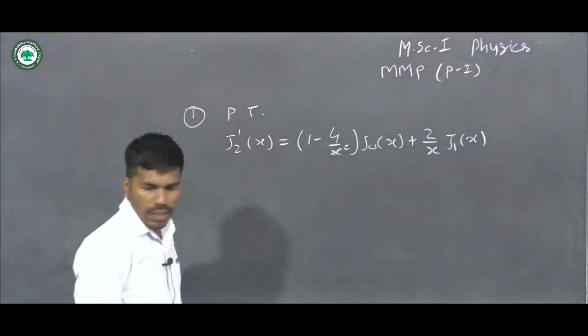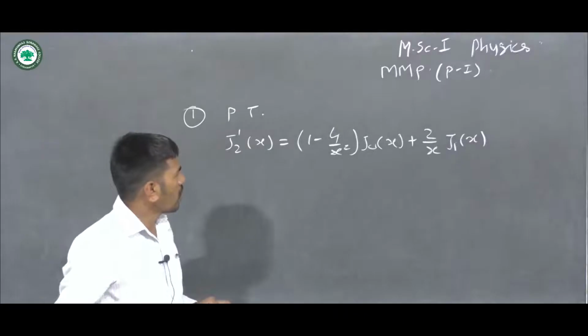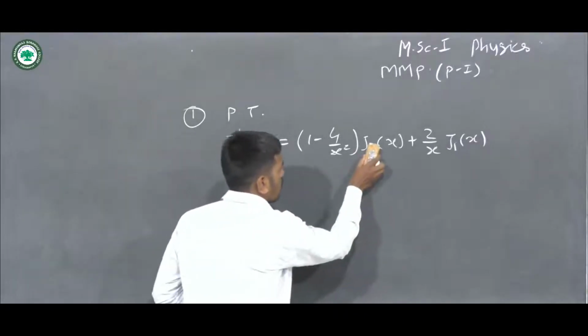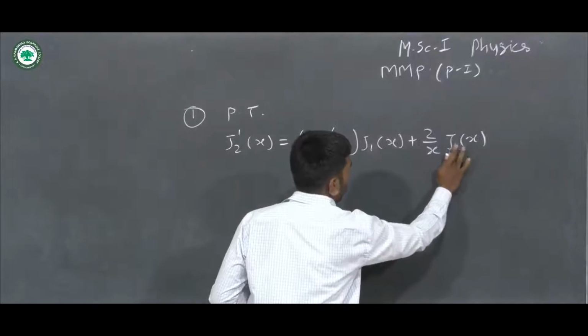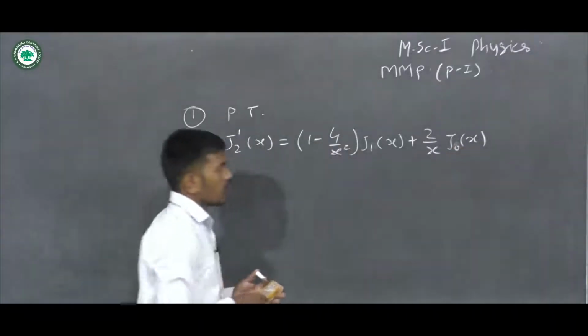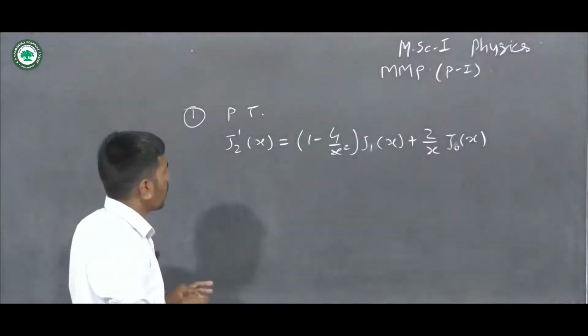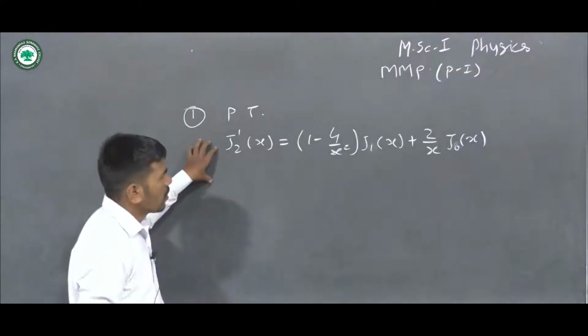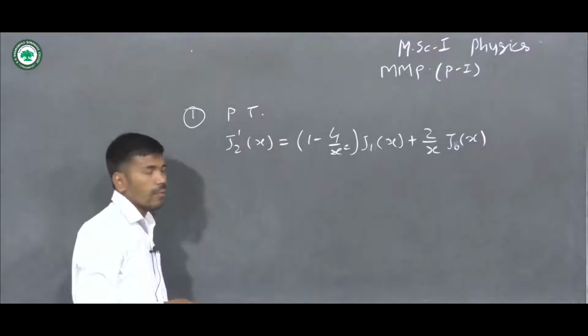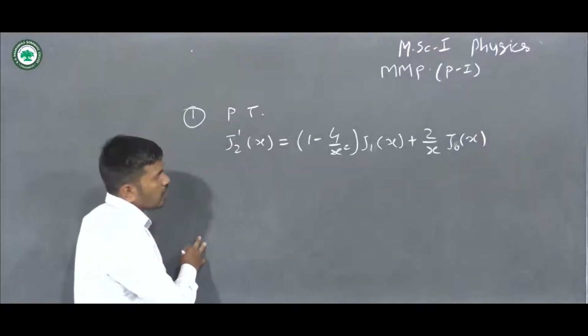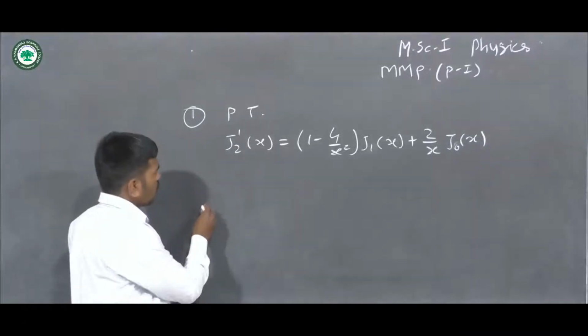Okay, this is the given example. Here is 1 and here is 0. We are going to solve this by using the recurrence formula. So we know the first recurrence formula and the second recurrence formula. Here I am going to use the first and second recurrence formula.